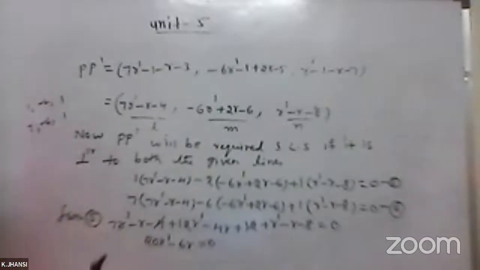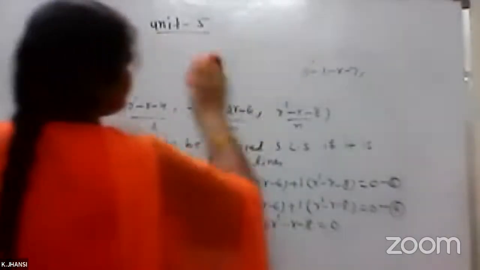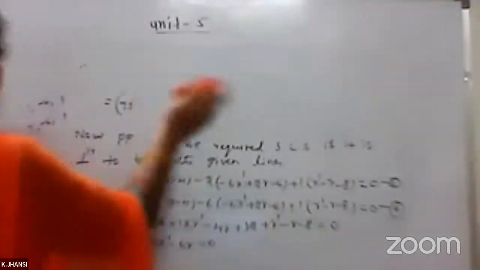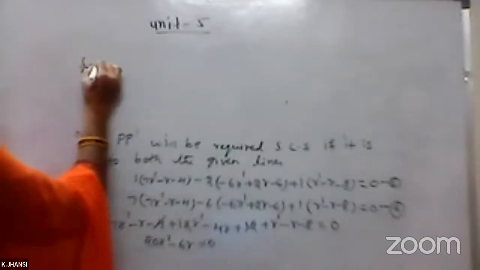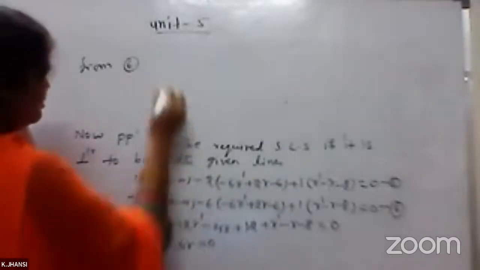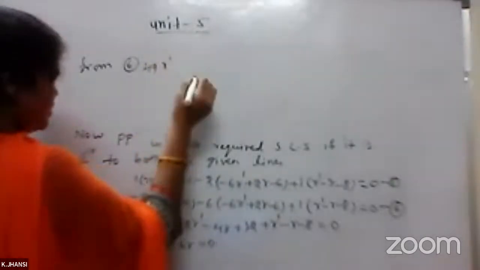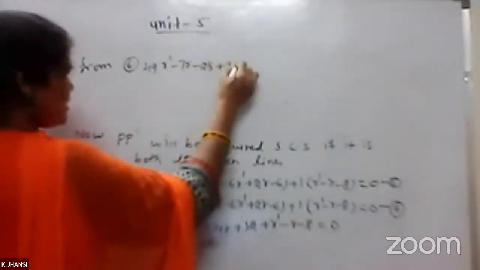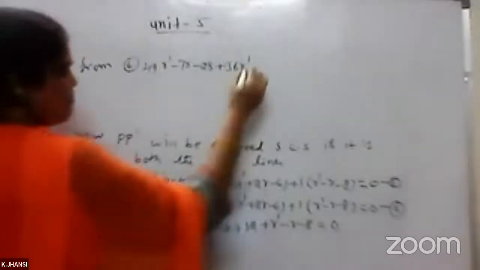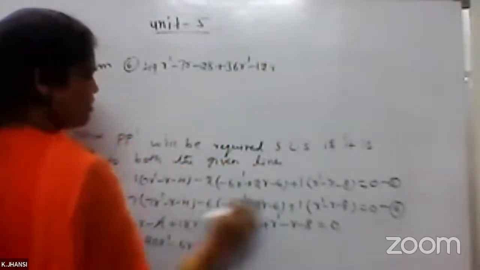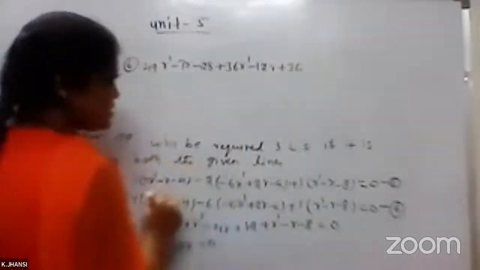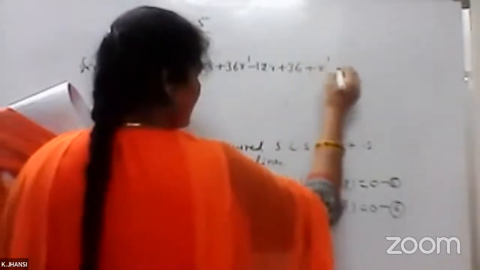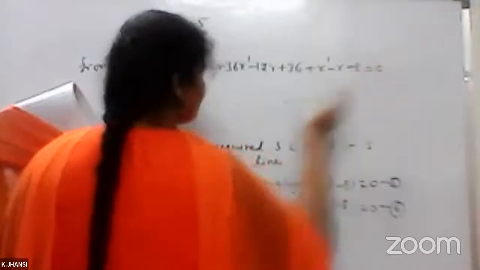So from the sixth, 7 sevens are 49r dash minus 7r, minus 7 fours are 28, plus 36r dash minus 12r, minus into minus plus 36, plus r dash minus r minus 8 equals 0.